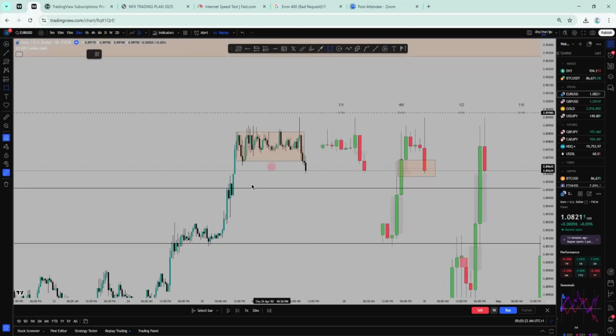Maybe you can have a continuation like this, manipulation to this key level, and then distribution into a fair value gap here. Okay, so maybe this might be what will happen: manipulation down to this key level, have some buying opportunities, then continue higher.